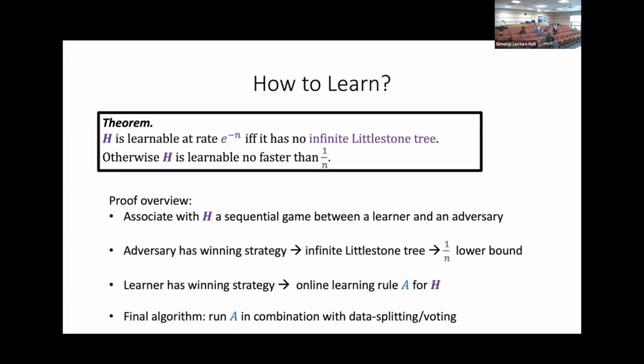A question: can you get non-asymptotic error rates where you compute the constants depending on the distribution P? That's a very good question. I'm sorry, I forget the names now.